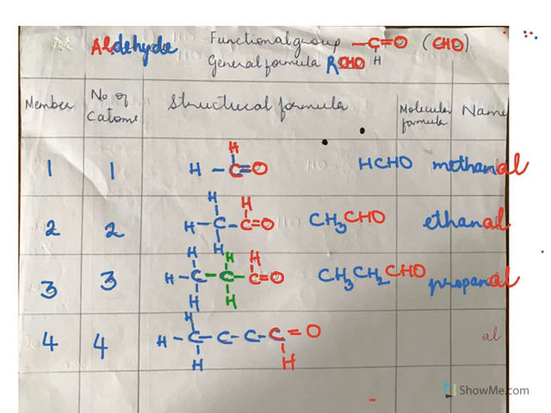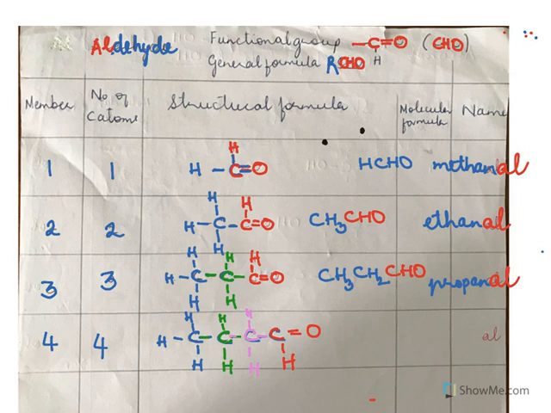Then we go to the next carbon. We'll have 4 arms, 1, 2, 3, 4. Then we go to the third carbon, 1, 2, 3, 4. And the fourth carbon, have you seen, it's got 4 arms already.